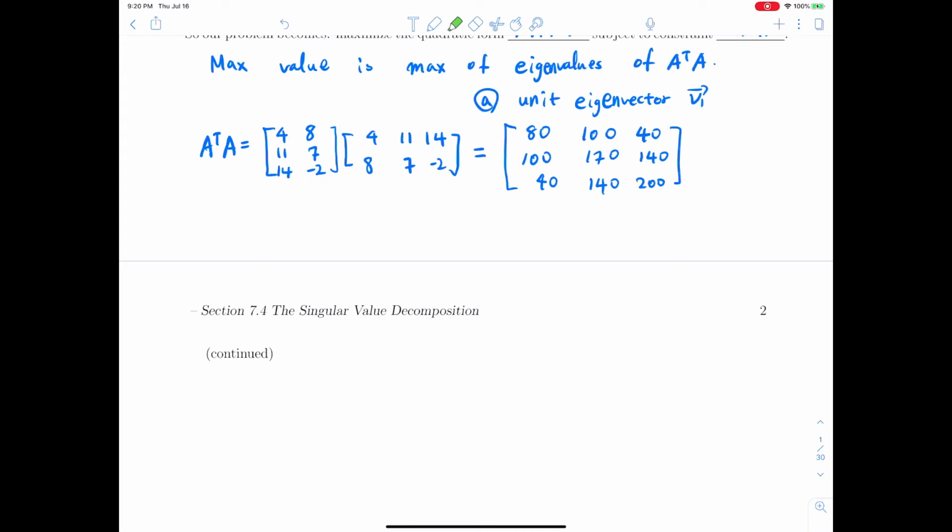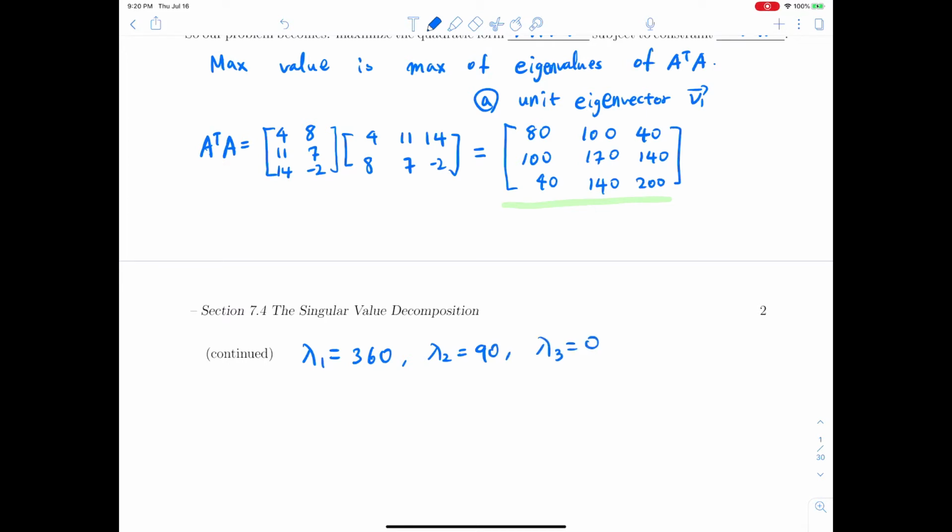Now, we can calculate the eigenvalues and eigenvectors for this matrix because it is a 3 by 3 square matrix. If you calculate the eigenvalues, we get lambda 1 equals 360, lambda 2 equals 90, and lambda 3 equals 0.